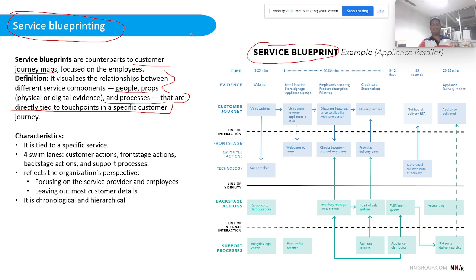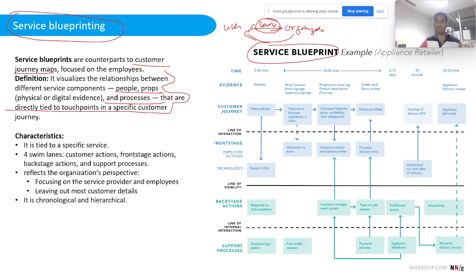When we talked about the user, then we talked about the organization, then we talked about service. In order to understand how an organization serves a user, we need to map the various interactions and the relationships between various components visually.